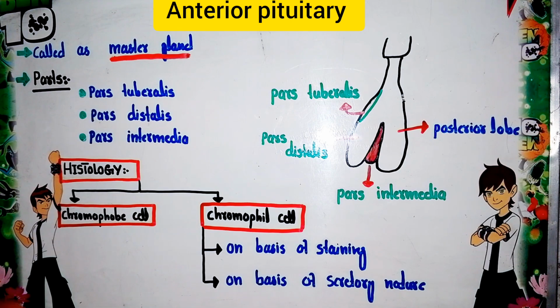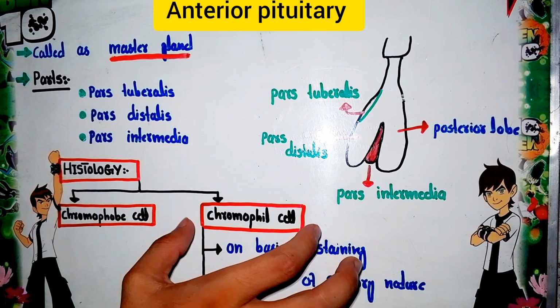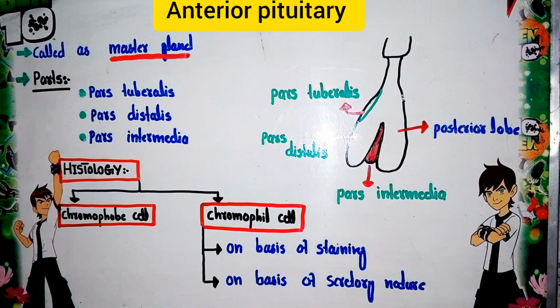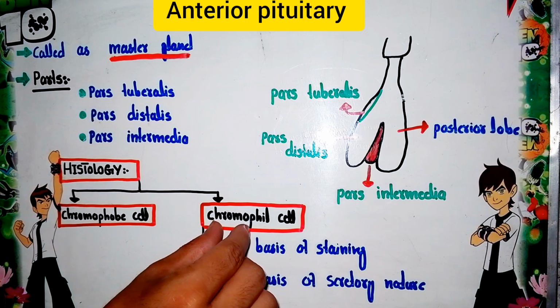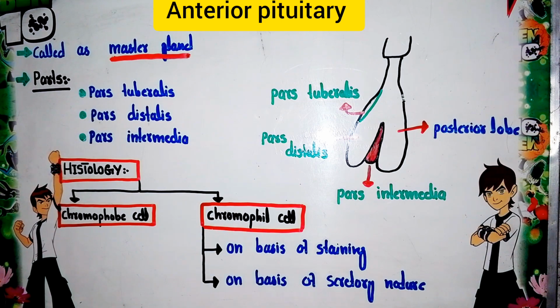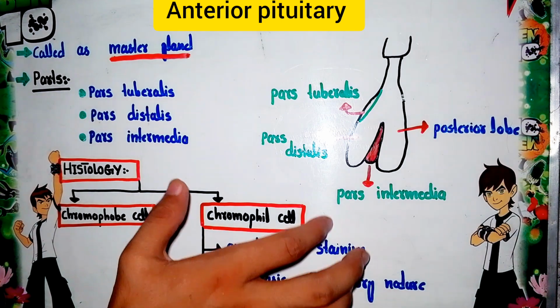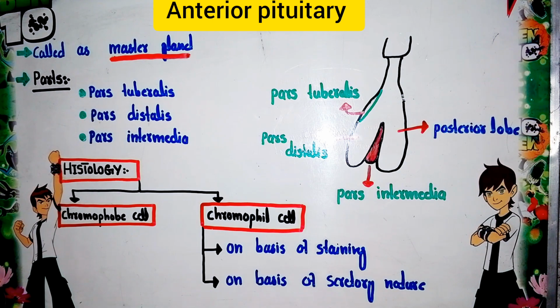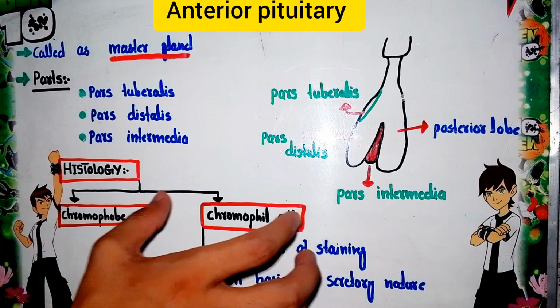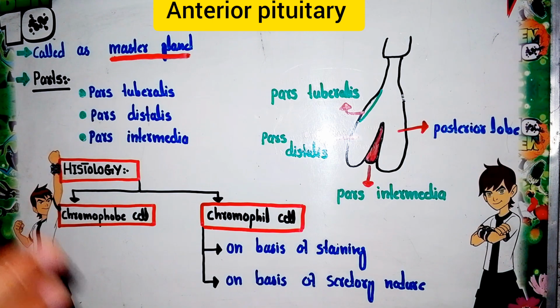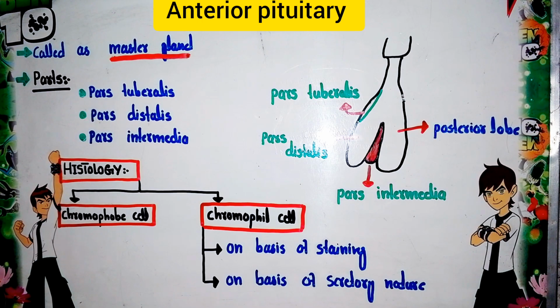Now let's come to the second type of cell found inside the anterior pituitary, called chromophil cells. As the name indicates, chromo means color, phil means lover. These are cells that take the stains. Such cells are called chromophil cells. Now further, these chromophil cells are classified into two categories, based on different criteria.